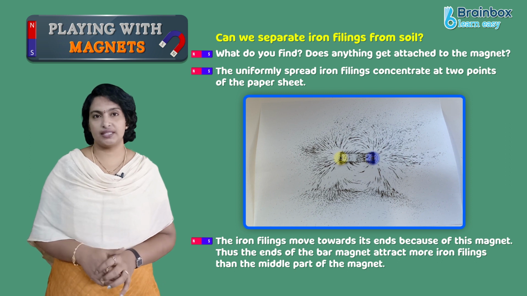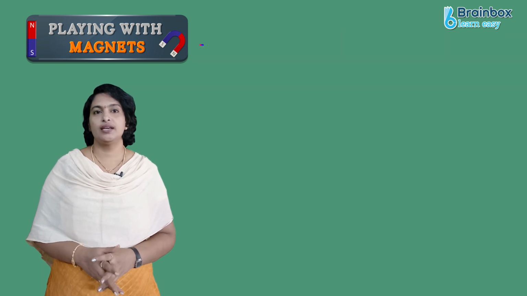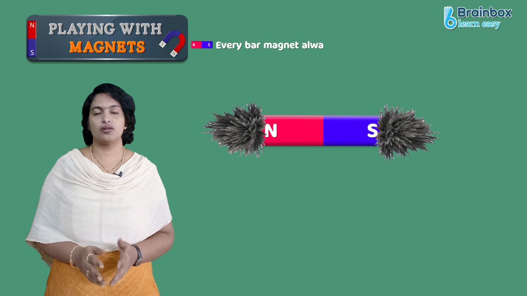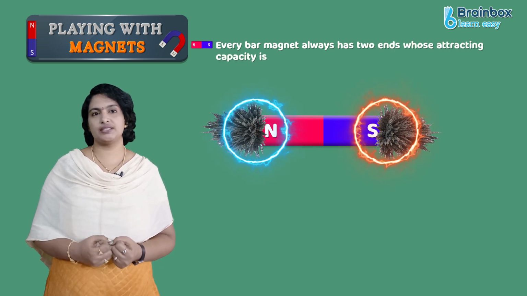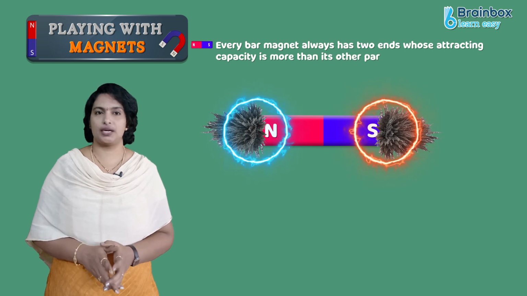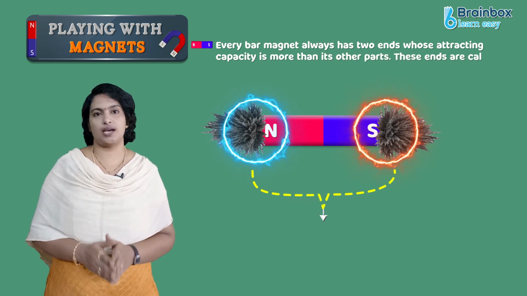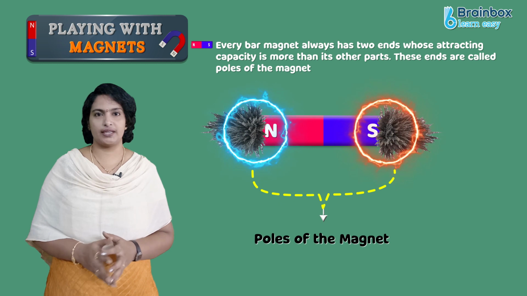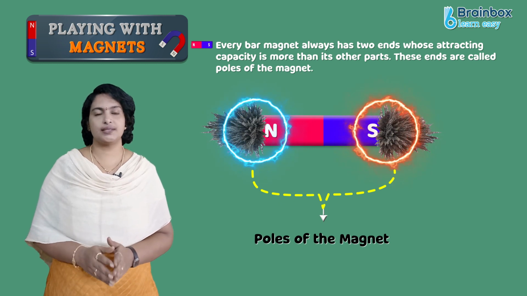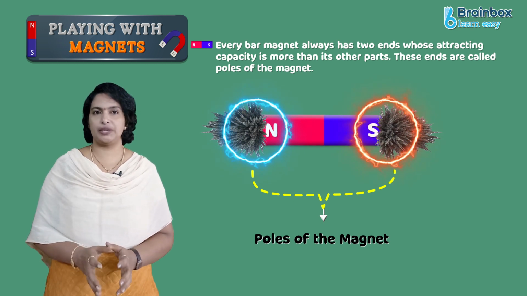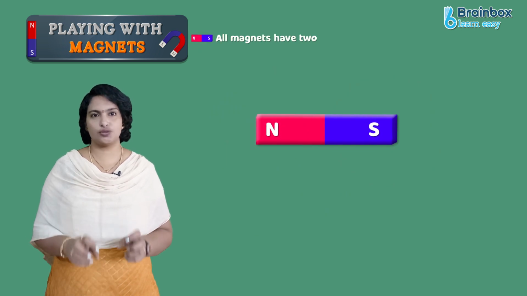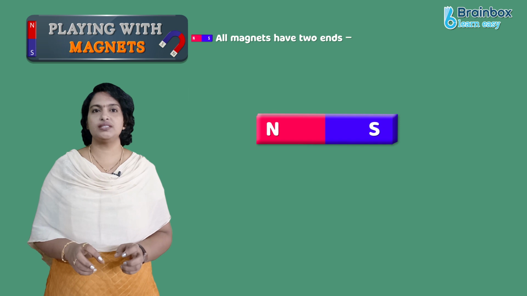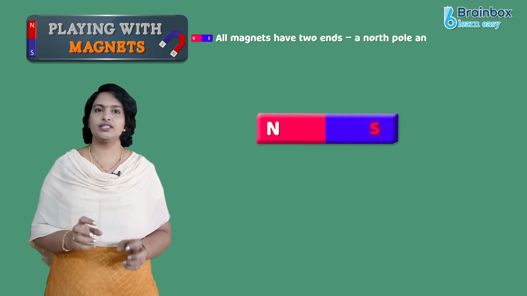So by this activity, we can say that every bar magnet always has two ends whose attracting capacity is more than its other parts. These ends are called poles of the magnet. So magnetism either attracts or repels objects, and all magnets have these two ends, that is a north pole and a south pole.